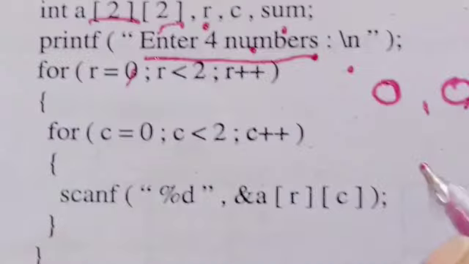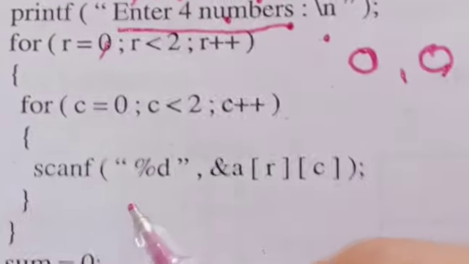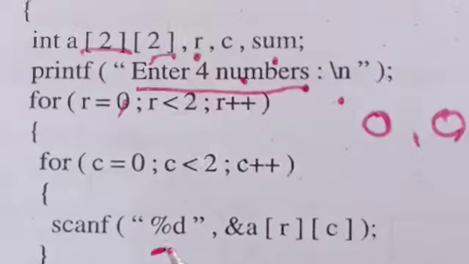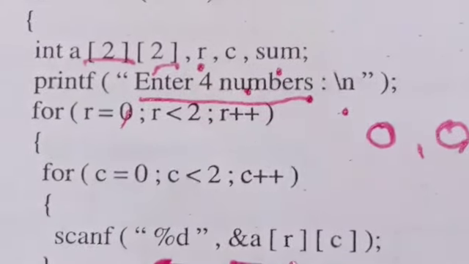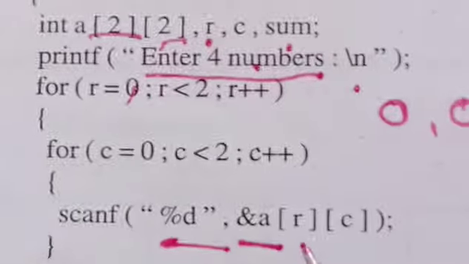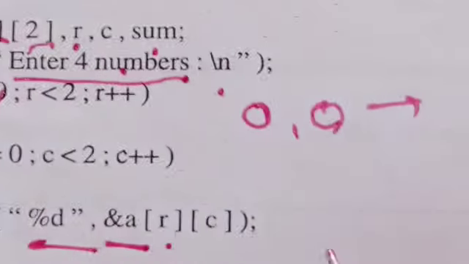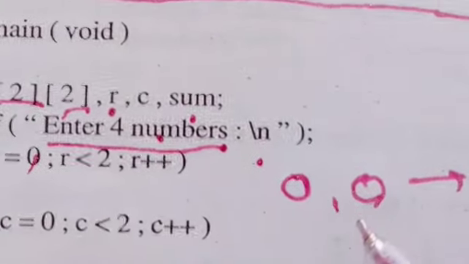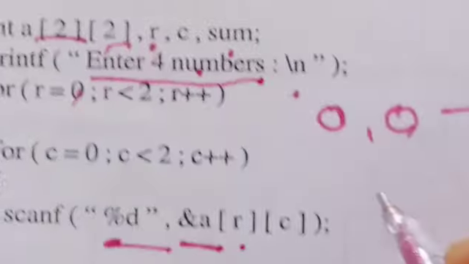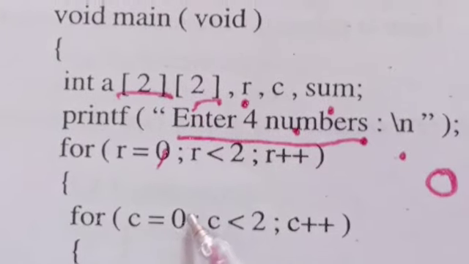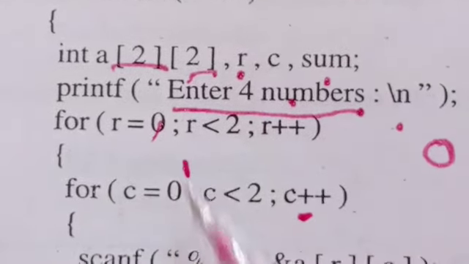We are asking to enter the number for this location, %d, scanf, address of A of r c, that is row and column. So for the first time it will ask to enter a number. Suppose we enter 1 over here. Then c becomes c++, c's value becomes 1 now.